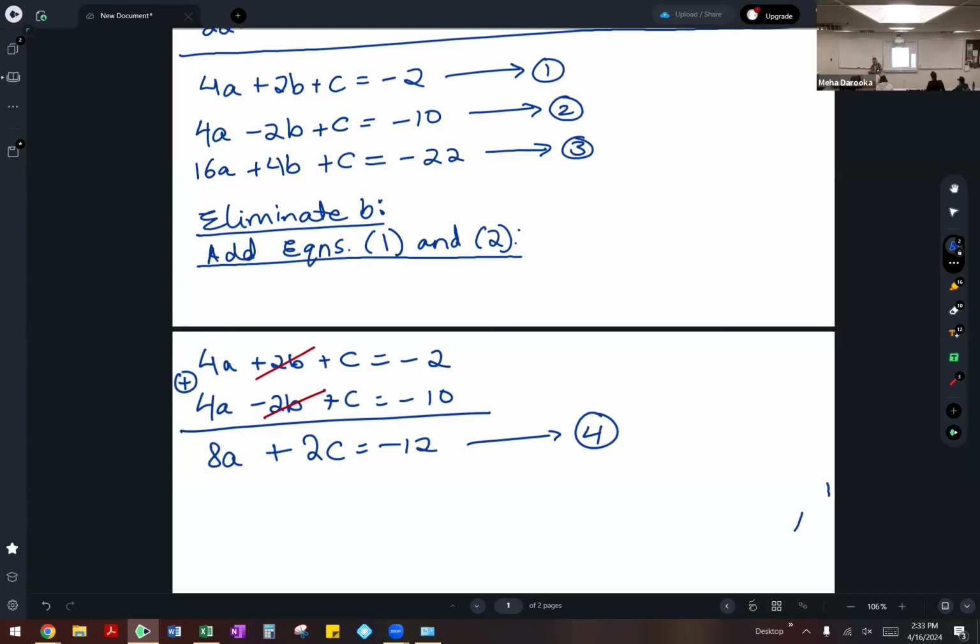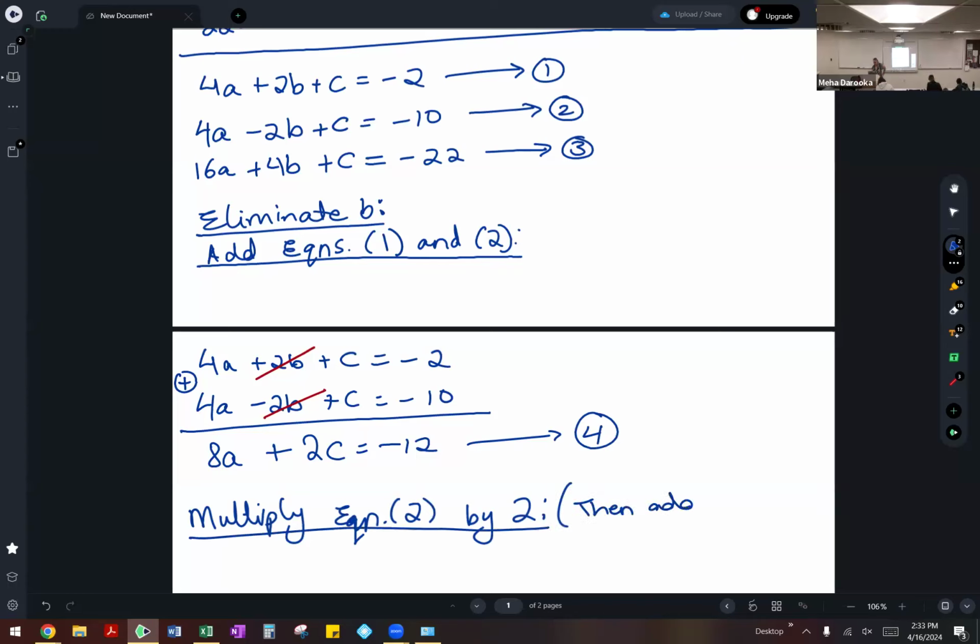So since you have 4B on equation 3, what would we need to do with equation 2? Yeah, because we need to make it into a negative 4B. So we are going to take equation 2 and multiply equation 2 by 2. And then we'll add equation 2.